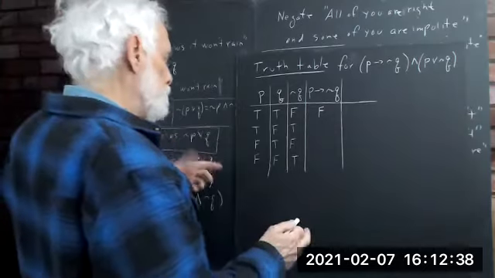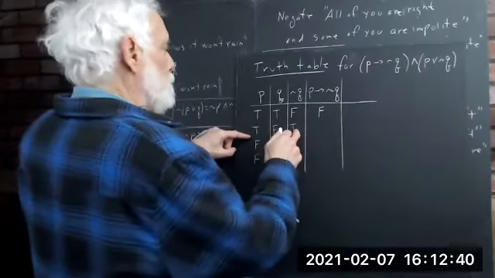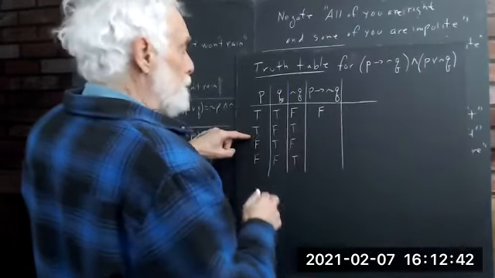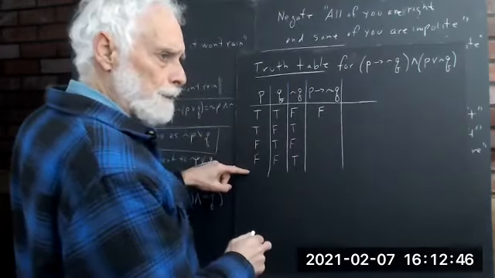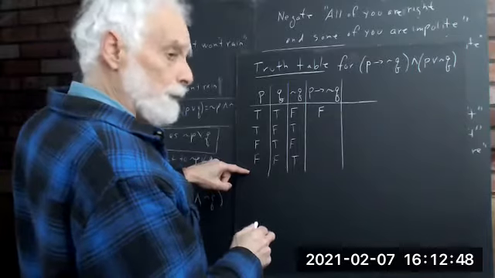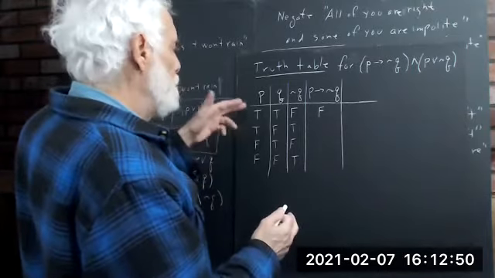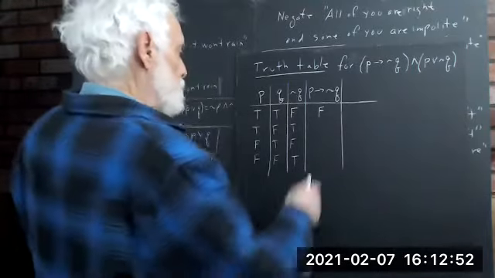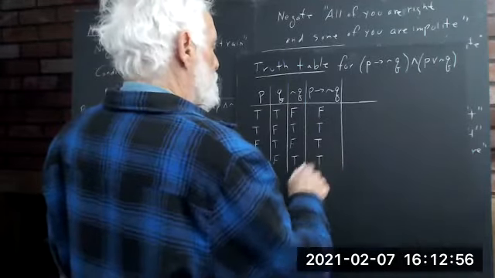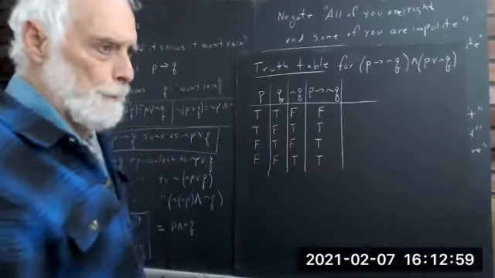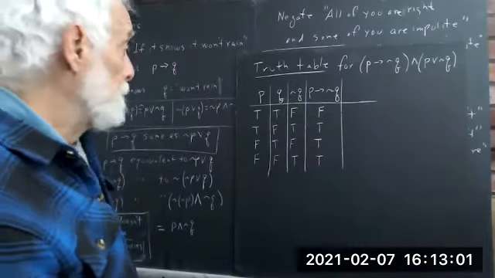In every other case, either Q is true or P is false. So that it can't be in either of those cases that P is true and Q is false. So in all these cases, we get true.